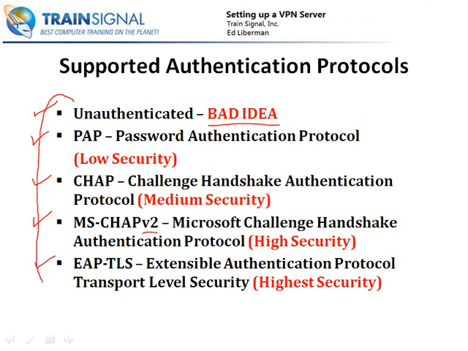Each one of these items is a checkbox, and if you have more than one checked, say PAP, CHAP, and MS-CHAP v2, all three checked, it's going to attempt the most secure environment it can first, and then only if that fails, maybe a client can't support MS-CHAP v2, it'll then go down to the next highest form of authentication, which would be CHAP. So those are your authentication protocols.